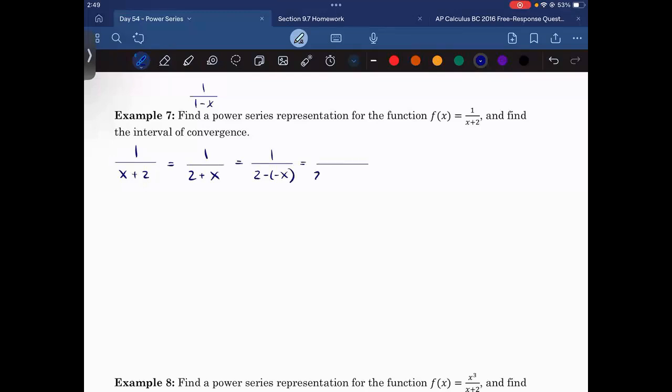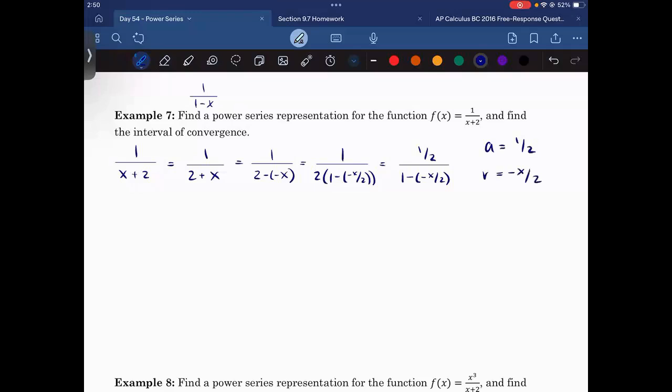What I'm doing here is I'm getting rid of the 2, and I'm going to pull it up top. Then we have my a value and my r value.